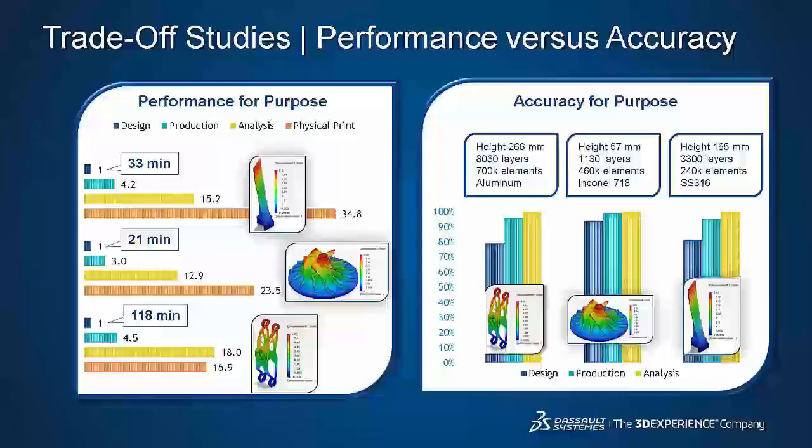The chart on the right shows the loss in the accuracy of peak distortions for these different levels of fidelity. We can see that for the three parts studied here, we can get a solution within 80% accuracy in under 2 hours, even for large parts with over 8,000 build layers.